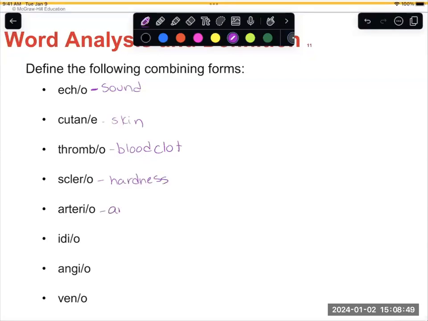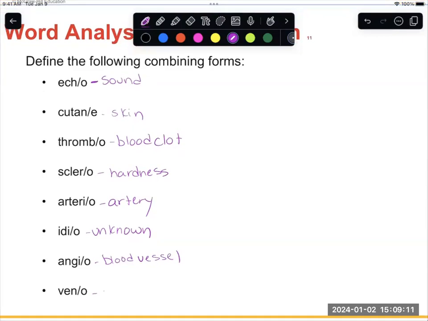Arterio, artery. Idio is unknown, so some things are idiopathic, of unknown origin. Angio is blood vessel. And veno is vein.